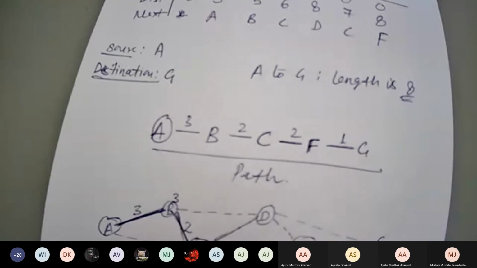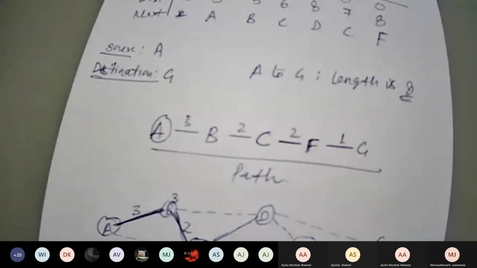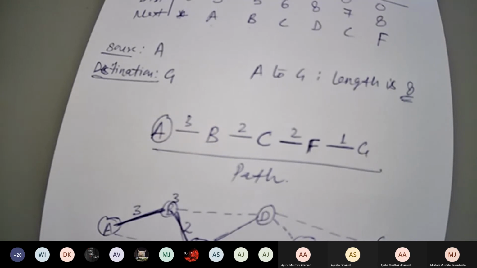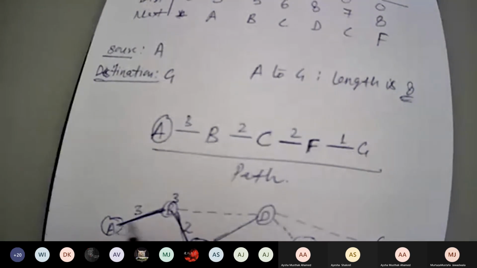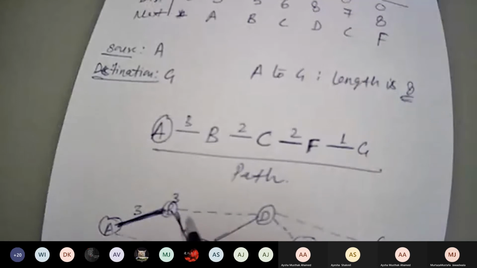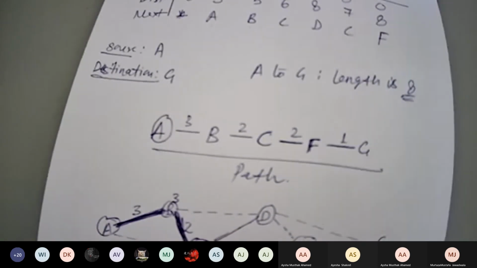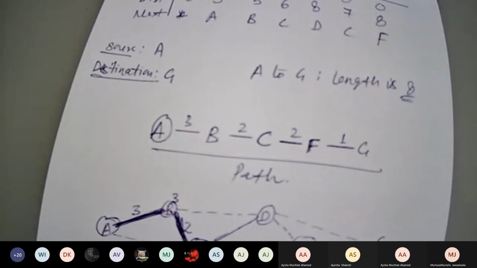B to D was there. A to C was there. Okay. Now, but in this, the shortest path is A to B, B to C, C to F, and F to G.